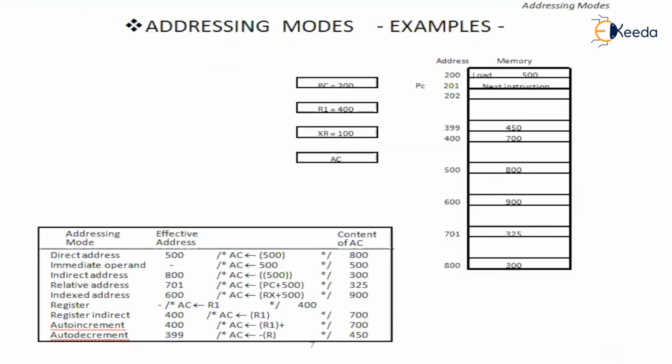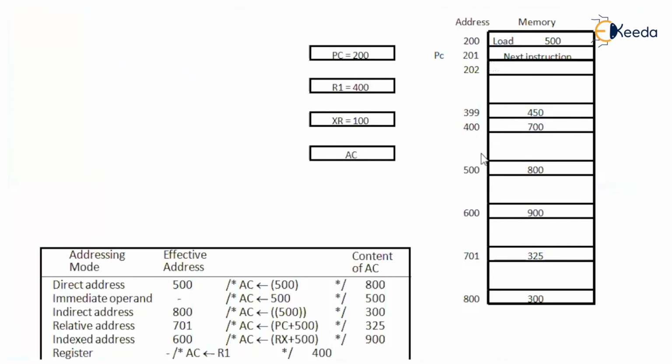In the auto increment addressing mode, every operation is similar to register indirect. Go to the register and get the contents, and get the memory address. Go to that memory address, get the contents, and get it loaded in the accumulator. But after that, go back to the register and increment the contents. 400 will be 401.